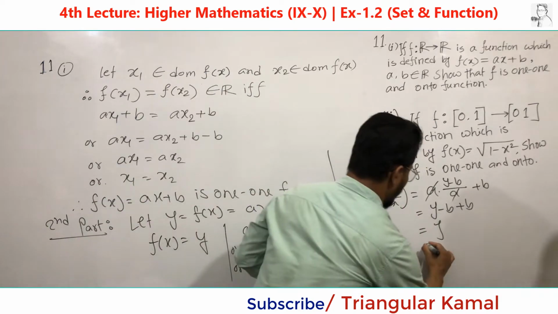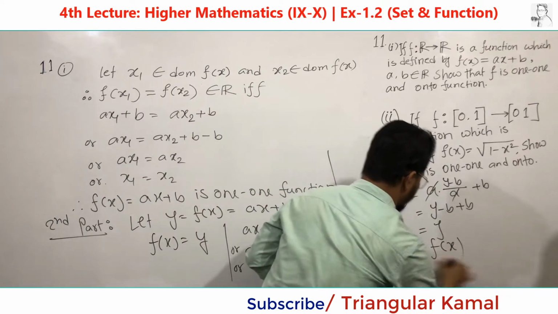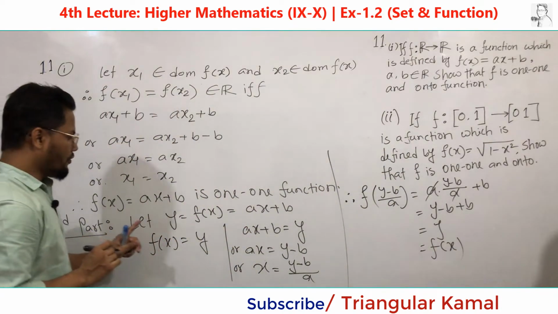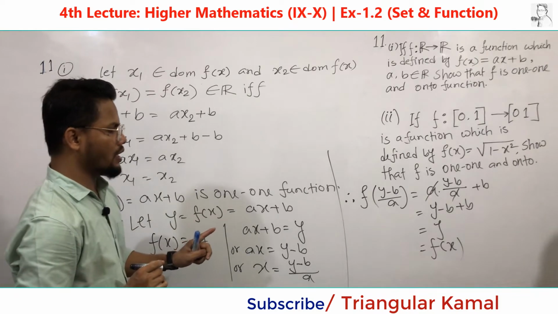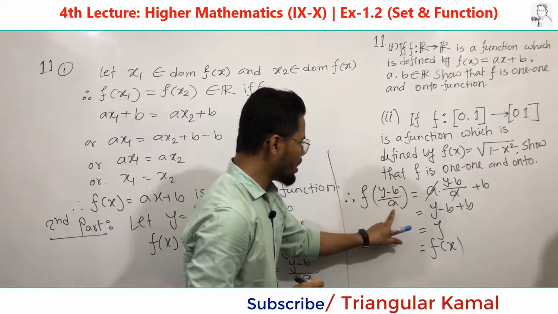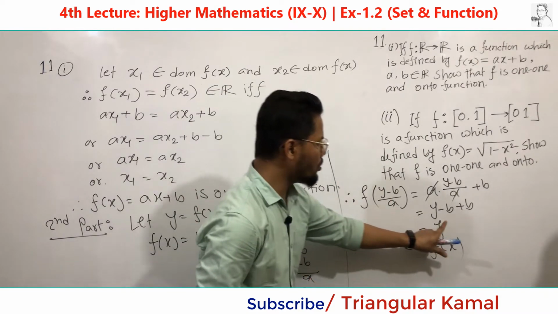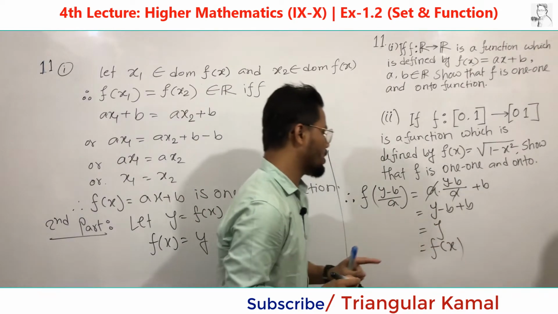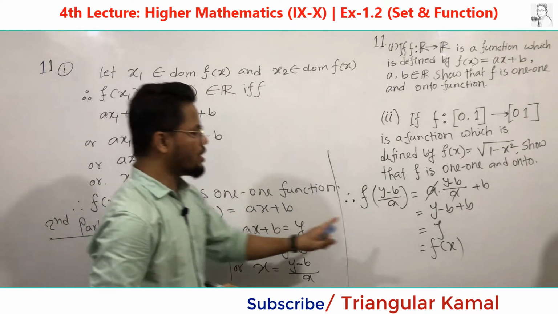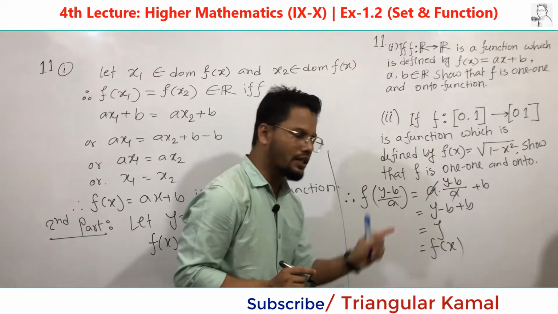That means this one is f of x. So we see here finally f of y minus b divided by a equals y. That means the codomain and range of the function are both the same.